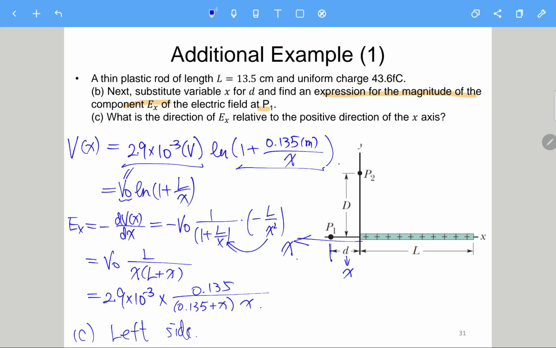Or for the original x-axis, it should be this way. But maybe this question is not written really well. But actually, left side, we do not misunderstand this, because this is a positive charge. So at this point to the left, the E field should point to the left side.